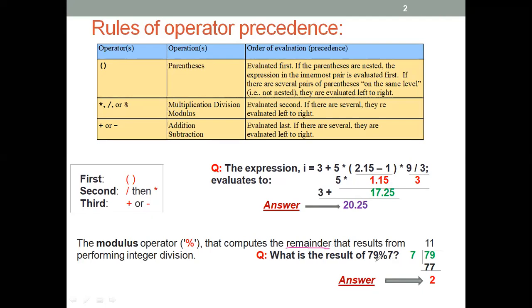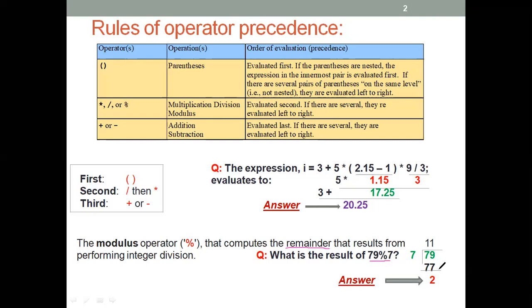So if you see a question like 79 modulus 7, it means you first divide 79 by 7. Then what is the remainder left? You have to take that. This is the answer. 79 modulus 7, the answer is 2. What is left, you take it. So go to the next one.